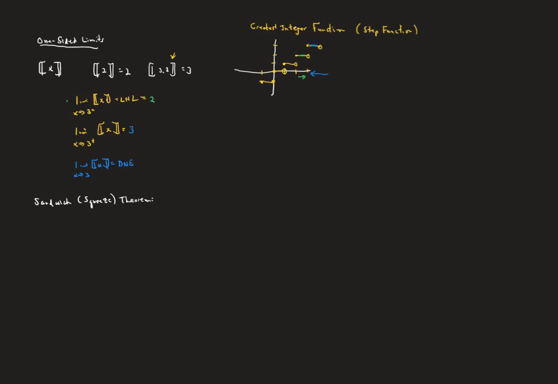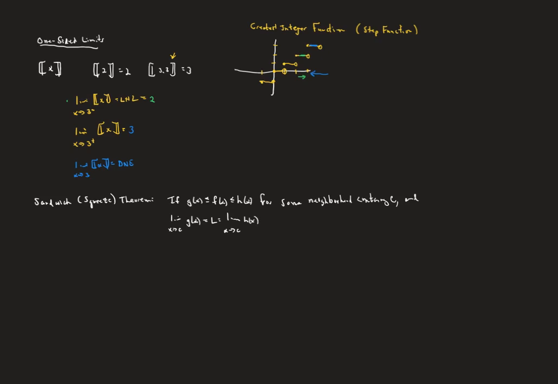So these refer to the same idea. And the idea is that if we know that g of x is less than or equal to f of x, which is less than or equal to h of x, for some neighborhood containing c, and if we know that the limit as x approaches c of g of x is equal to the same limit as x approaches c of h of x.